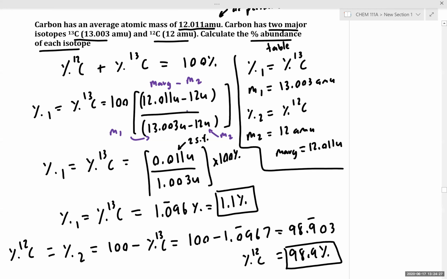Will we be having to memorize all of these formulas, or are they given to us on the quizzes? The reason why I showed the derivation is because you are responsible for knowing the formula for average atomic mass. And from that formula, you can manipulate it to get this equation. Or if you prefer, you can memorize this equation.